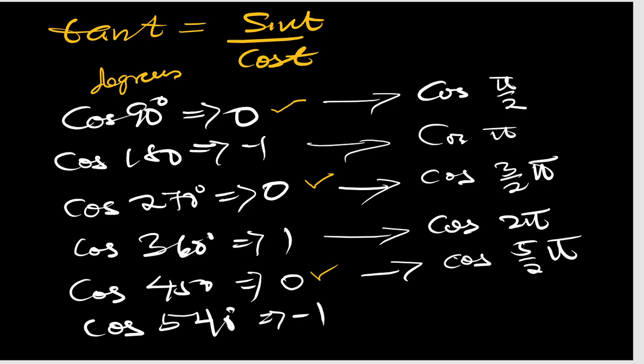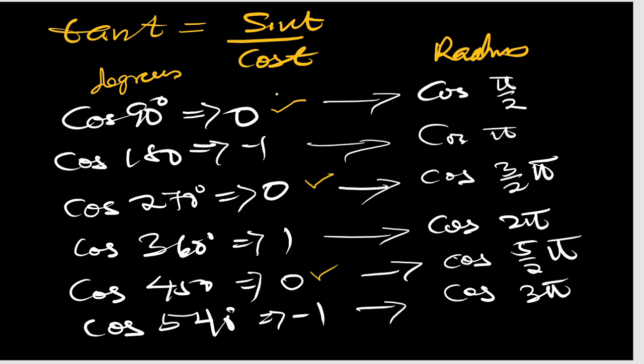And then cos 540 degrees will be cos 3 pi. So these angles are in radians. Good.